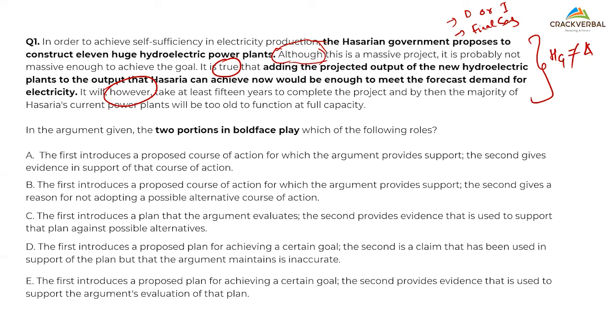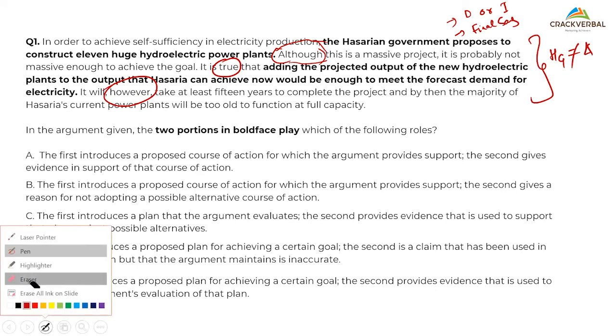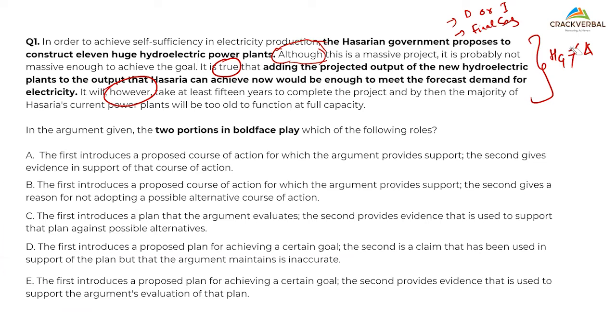Now, can I say my author and government are in negation? Do you think they are in 100% negation? I definitely cannot say that. Why? Because there is a very important word: it is true.